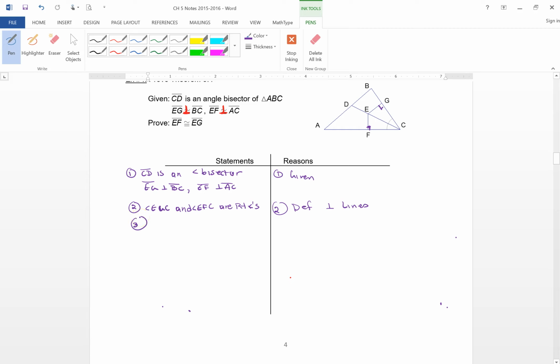Angle EGC is congruent to angle EFC. Why? All right angles are congruent. So that's my A. All right, is there anything else?